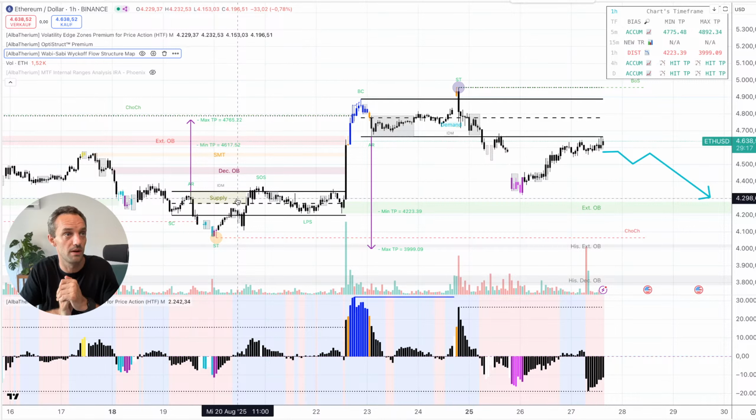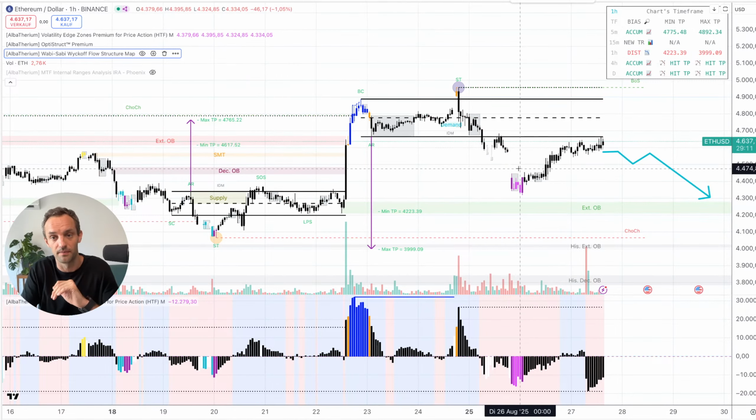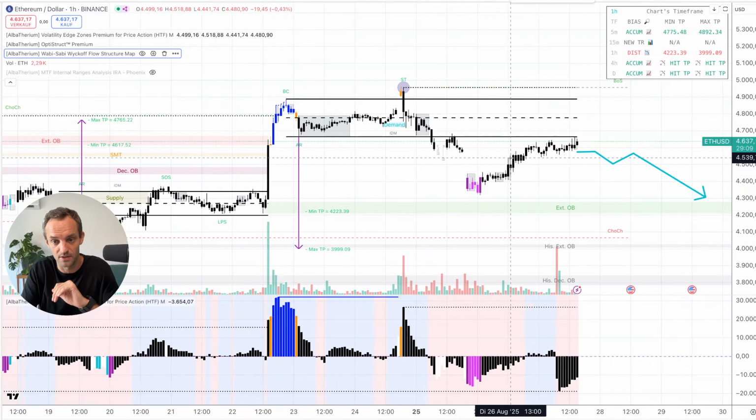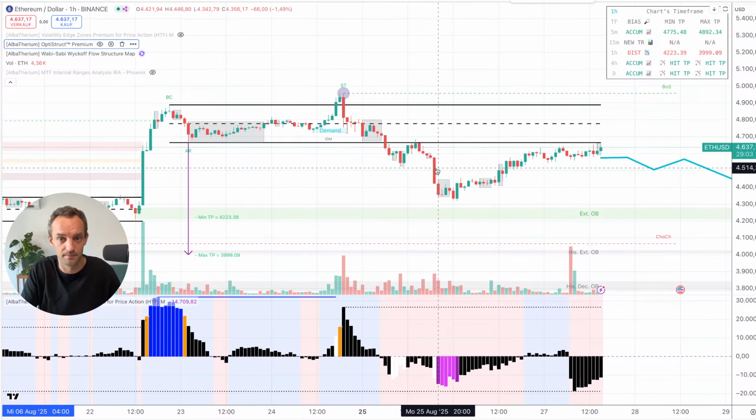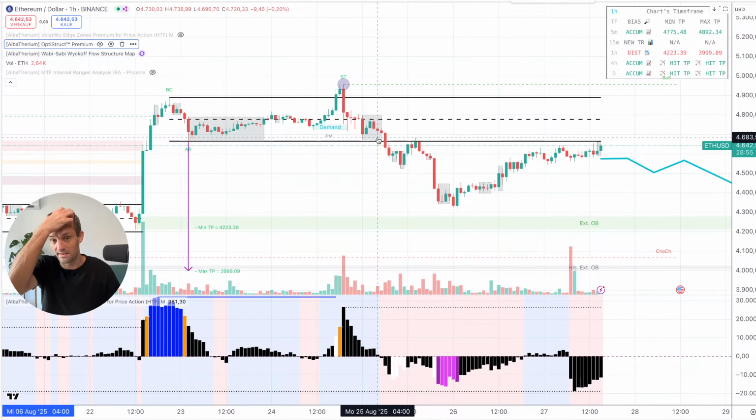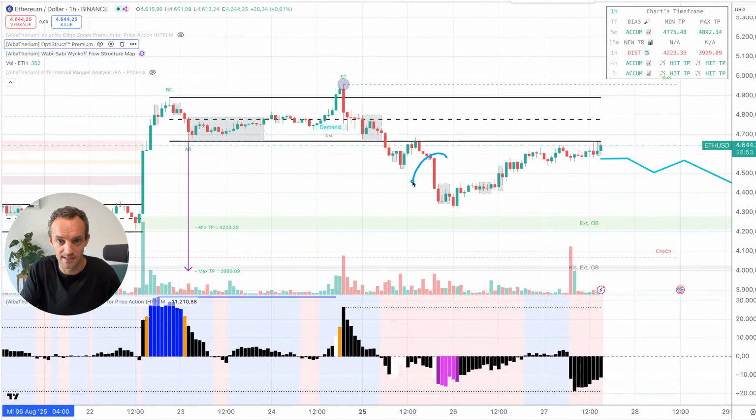When you move your mouse over it, the gap was gone. Here, yes, it's not a gap. Sorry, very important. Good question. Now I got it. This is not a gap. You see it? I eliminated the volatility zone edge. Now I have red and green candles, and this here is not a gap because it is a white candle.